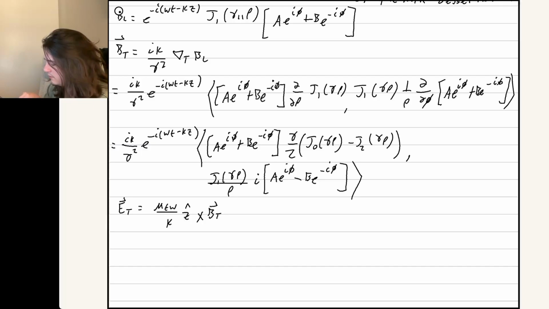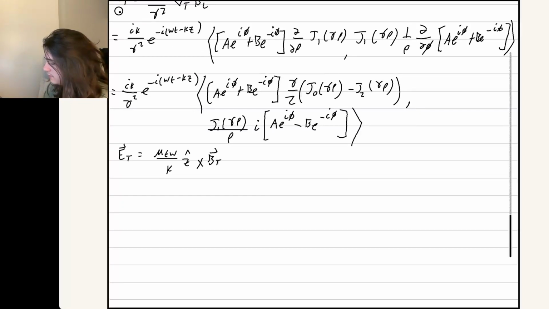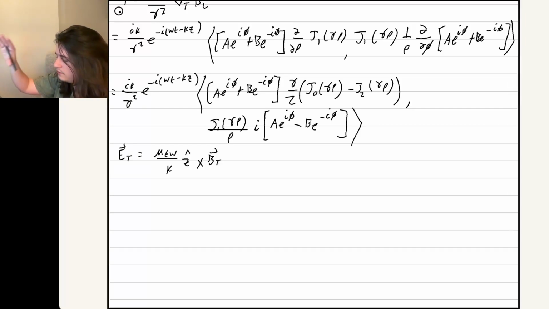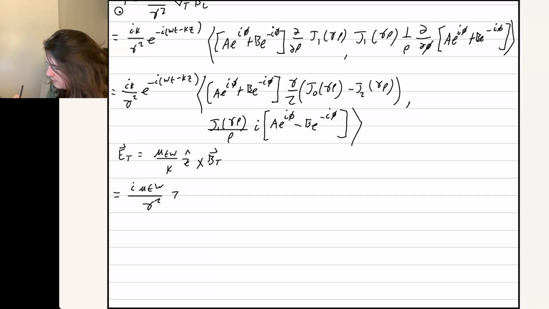And essentially what that cross product is going to do is make your phi component replace your rho component, and you're going to have minus your rho component replace your phi component. So you're going to have i mu epsilon omega over gamma squared times z hat. Actually, I'm just going to go ahead and do the cross product.